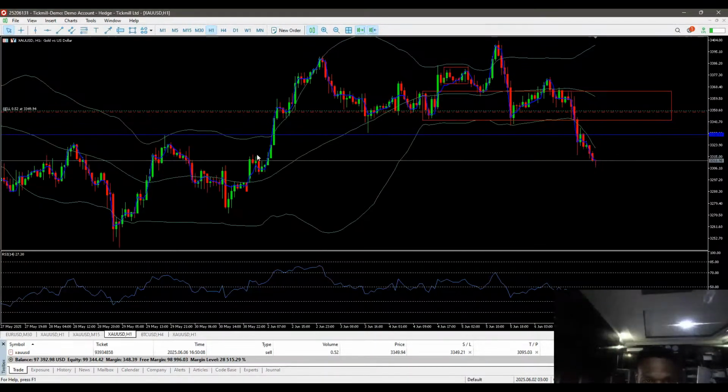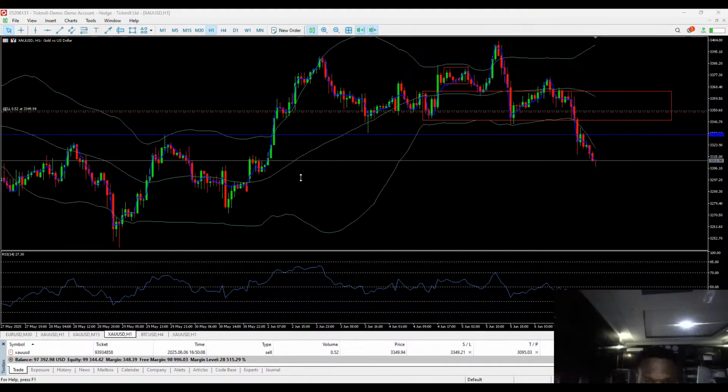Then the adaptive moving average, you are changing the numbers. The parameters are period 3, fast EMA 1, shift 0, slow EMA 50.